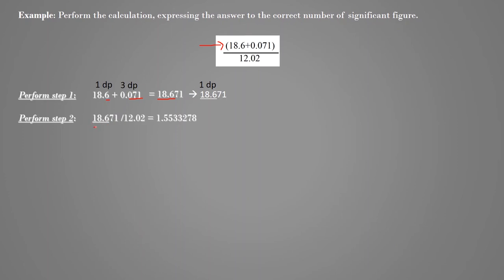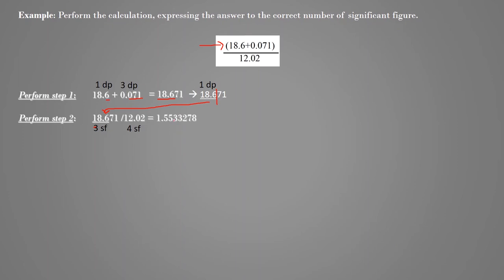And in this underlined area, my sig figs are 3 for this measurement and 4 for this measurement. The reason I'm looking only at this underlined area is because this is what I would have gotten if I had to round for the previous step. I didn't round it because I don't want to do too much rounding, but I need to know that this is the number that I could get from the previous step. So here I have 3 significant figures and here I have 4 significant figures.